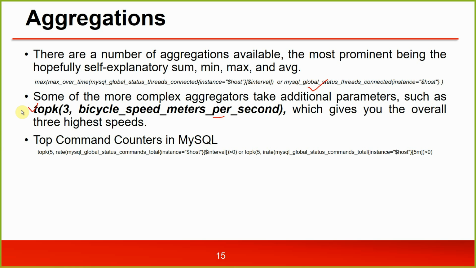Top command counters in MySQL can be used, like here I will be using top 5 in Grafana: rate of mysql_global_status_commands_total, instance is hostname, interval, greater than 0, or topk, rate mysql_global_status_commands_total, instance is host and time is 5 minutes, greater than 0. These are aggregations, aggregate functions, aggregators.